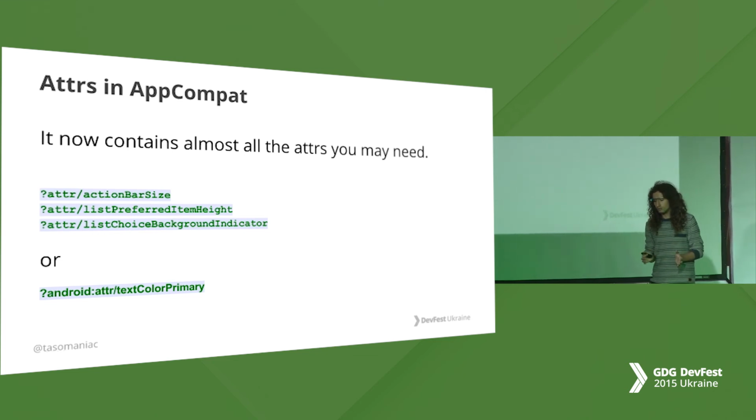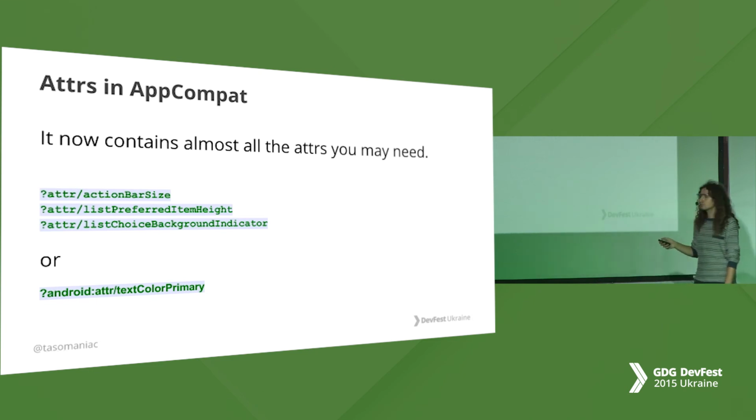Before, you would have to detect if the API level is above 17 and use the platform version of this, and do something else on the old devices, but not anymore. Almost all the attributes are now in the Appcompat library.